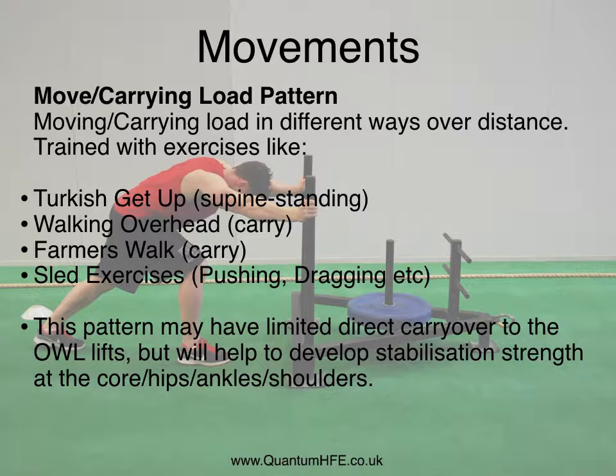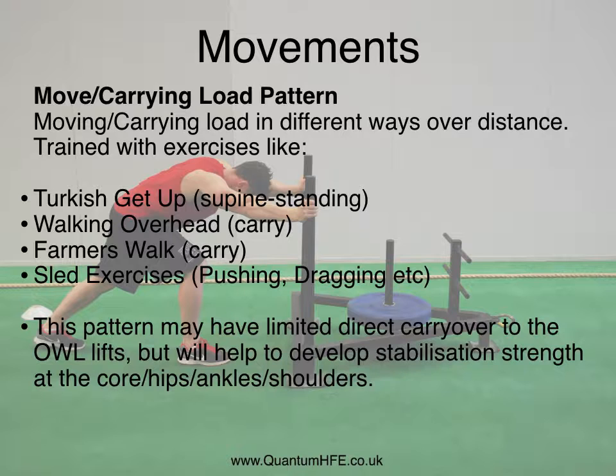And then we have moving and carrying load. So you'd look to just move a weight in different ways over a distance. And this can be trained with exercises like the Turkish get-up, where we're moving from a supine to a standing position, maybe walking with weights overhead, so you carry those, and that would give a good crossover. We're going to be working the same shoulders, arms and upper back movements that we're going to require for the catch position, for the jerk and the snatch.